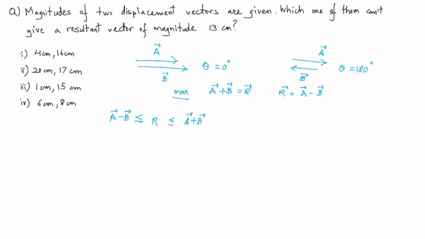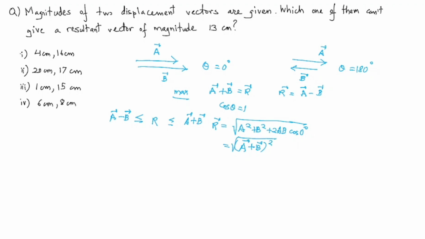For theta equals 0 degrees, cos theta becomes 1 and the resultant becomes square root of a square plus b square plus 2ab cos 0, that is, a plus b whole square under root.